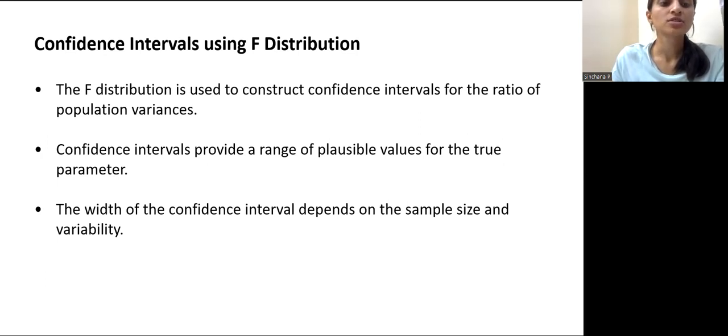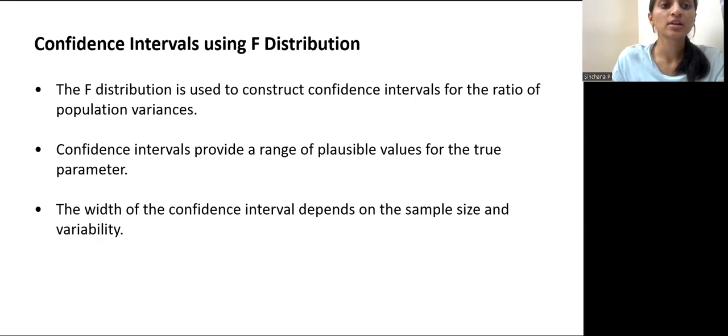Limited to continuous data. This is another disadvantage of the F distribution. The F test is typically used for continuous data and may not be suitable for nominal or ordinal data without appropriate transformation. Complex interpretation. Interpreting the results of the F test can be more complex than a simpler test, particularly for non-statisticians.